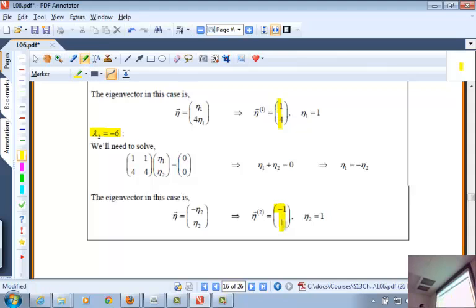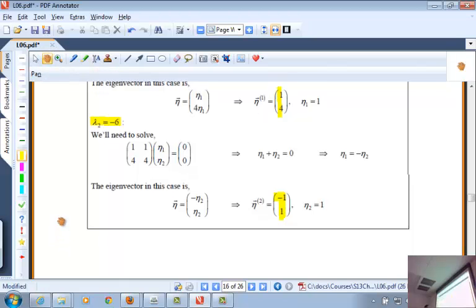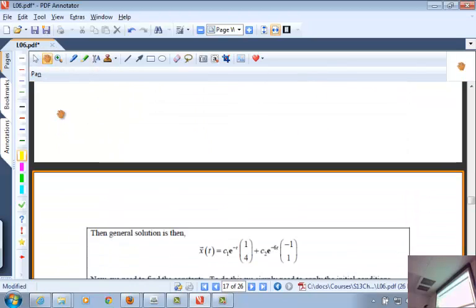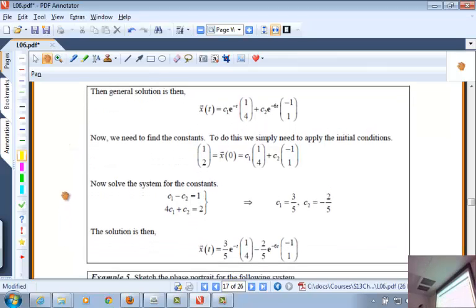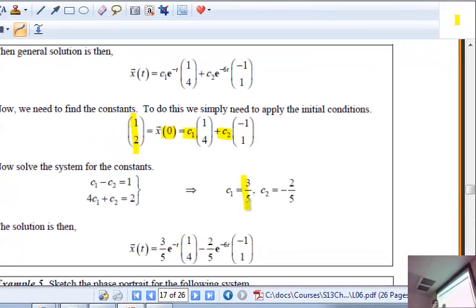Okay, and you can map that. So in this case, I guess I'm still trying to find a solution for a particular initial condition. Okay, that means find C1 and C2. And so C1 is 3 over 5 and C2 is minus 2 over 5. Those are the constants determined by the initial condition.